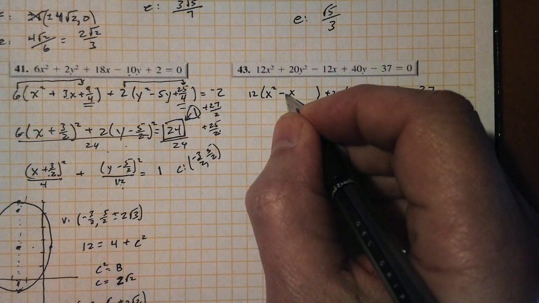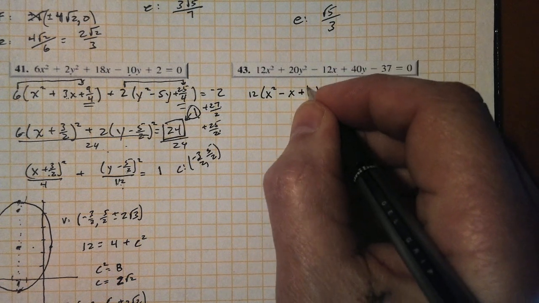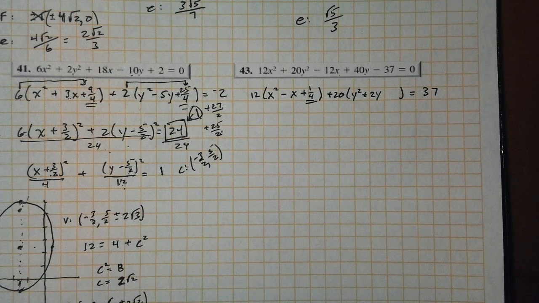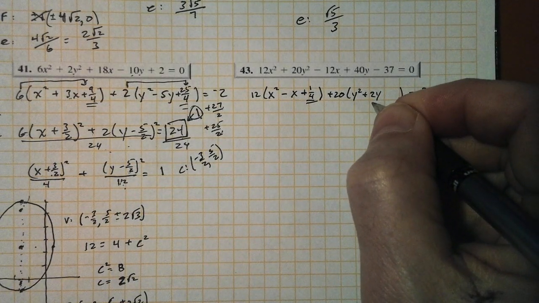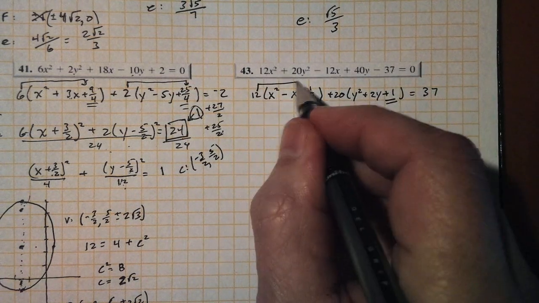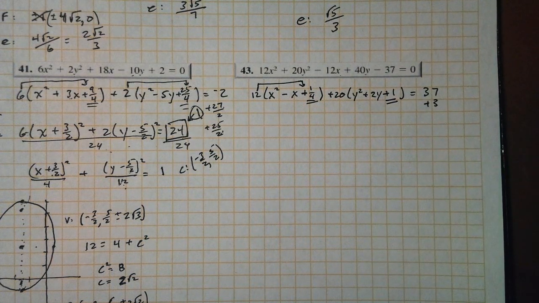Half of negative 1, that's negative 1/2 squared, plus 1/4, but I changed the equation. Half of 2, 1. 1 squared, 1. I changed the equation. I really added 3 to the left, so I'll add 3 to the right.